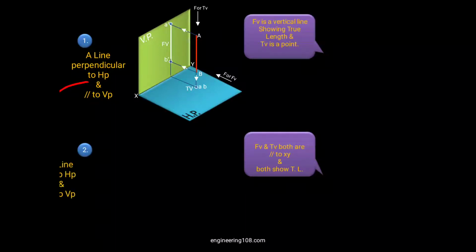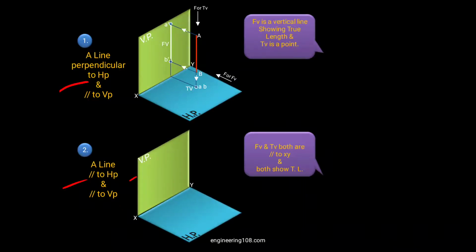Second condition, the line is parallel to both HP and VP. The line is parallel to both HP as well as VP. Here are the principal planes VP and HP. AB is parallel to both HP and VP, above HP, in front of VP.